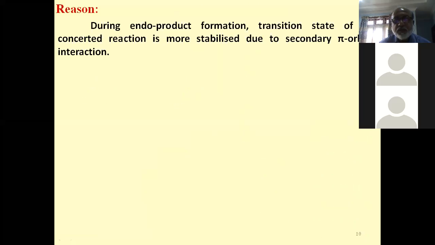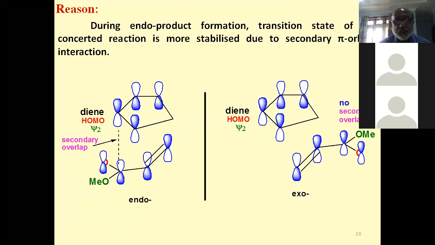The reason for endo product formation is that the transition state of the concerted reaction is more stabilized due to secondary pi orbital interaction. Now you see here, this is the antisymmetric psi2. The reaction condition is thermal, so they are going to overlap. This is same phase, this is also same phase.